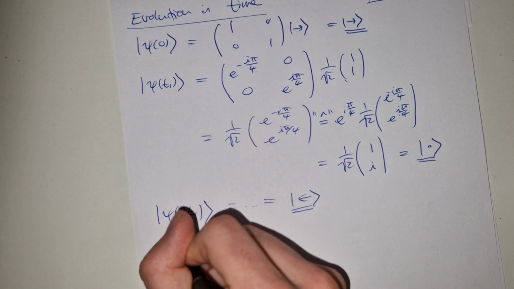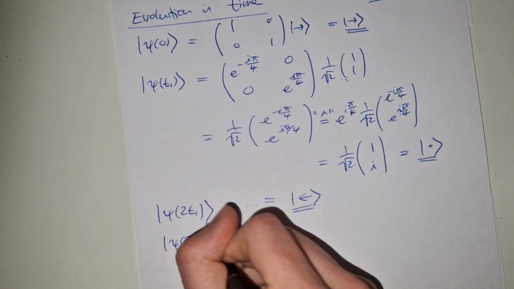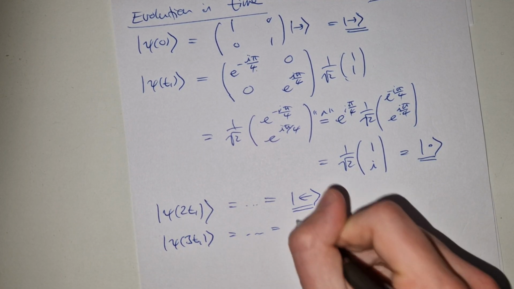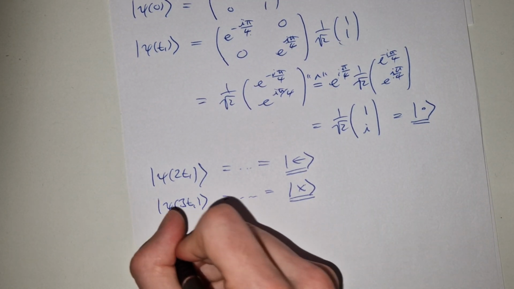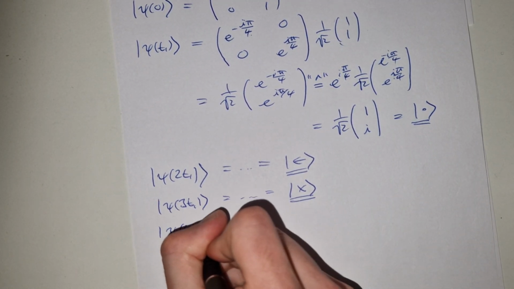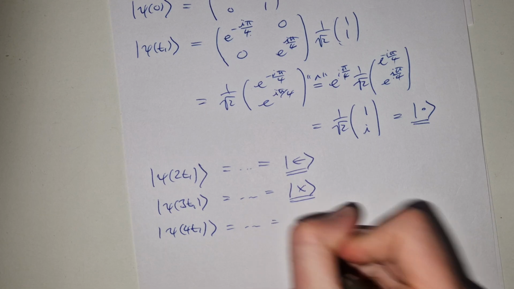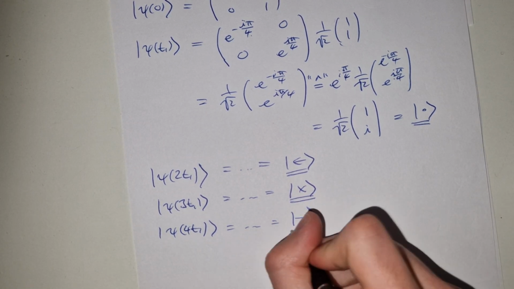If you do it after 3t1, what you get is the spin pointing away from you. And what you get after 4t1 is spin right again.